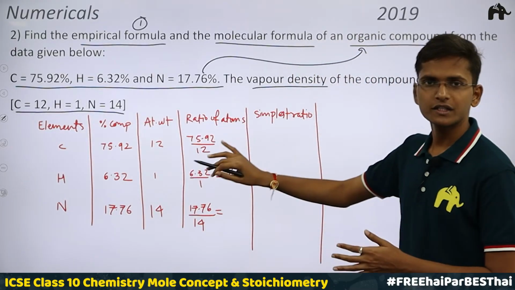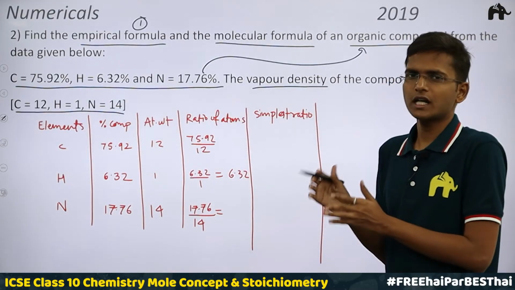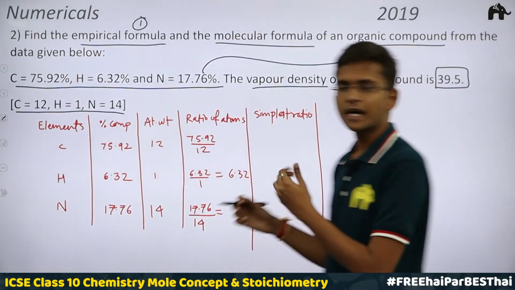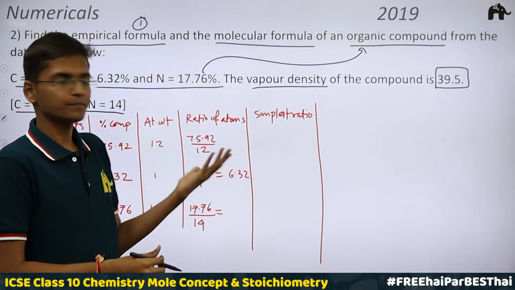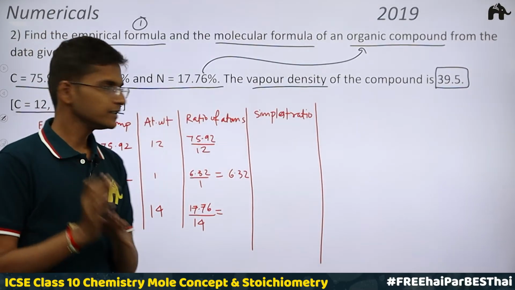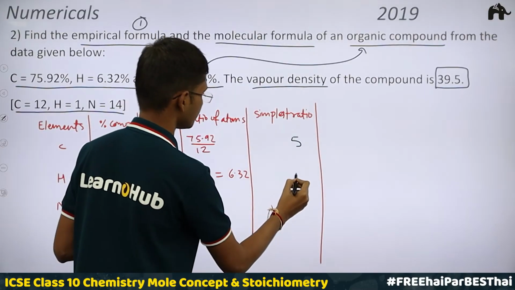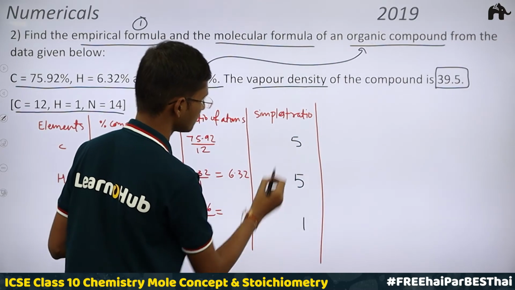Okay, you can just pause it here. Try solving this question on your own. I'm definitely sure that you would solve it completely. What the result you would get, what the answer you would get, I would tell you right here. So you pause it here, try on your own. Okay, so I hope you would have tried. So the right answer is, simplest ratio is carbon 5, hydrogen 5 and nitrogen 1.